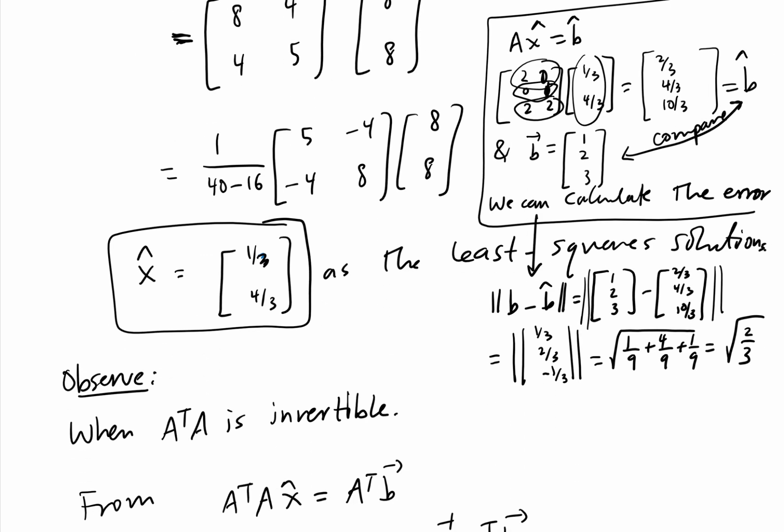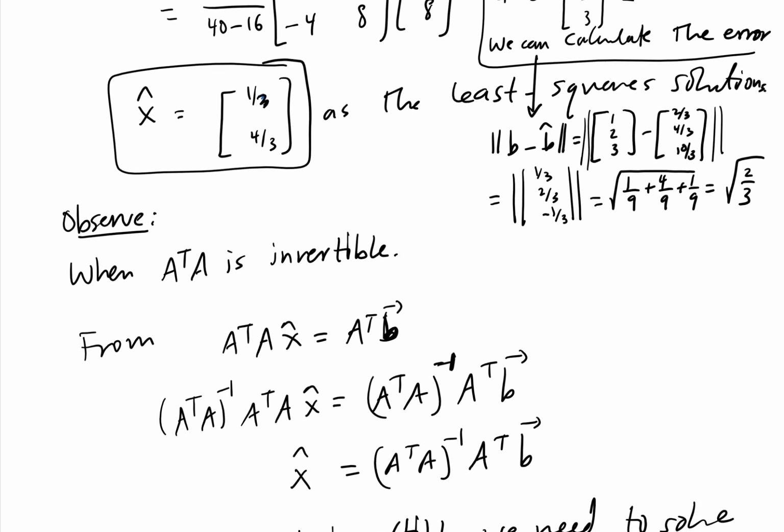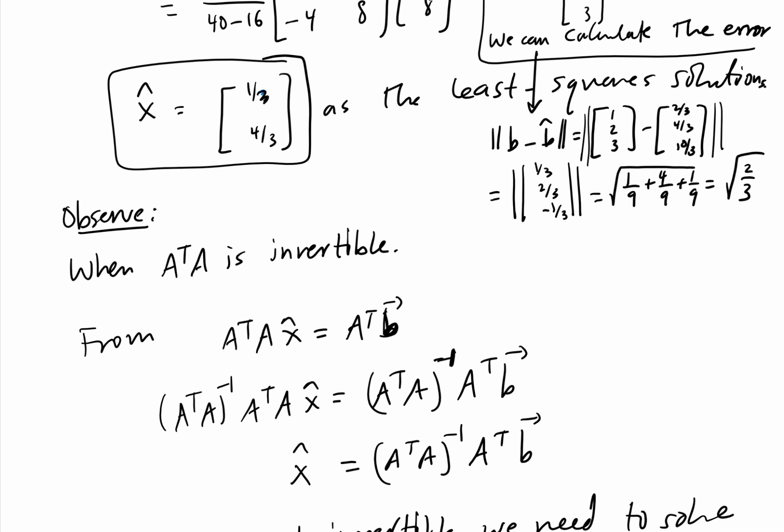Now observe when A transpose A is invertible. From this equation, A transpose A x hat equals A transpose b, the equation that we used earlier, which we called the normal equations, we can solve for x hat by multiplying both sides by the inverse of A transpose A. So that gives me x hat to be (A transpose A) inverse times A transpose b.